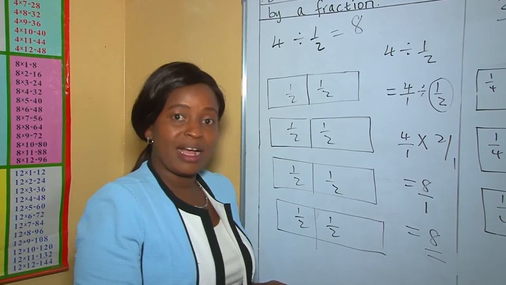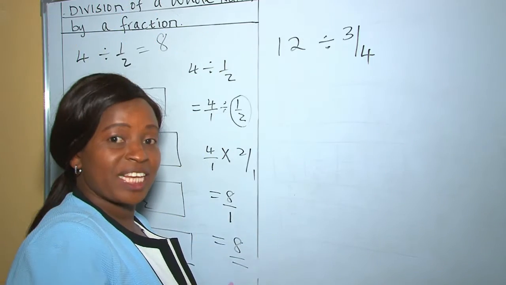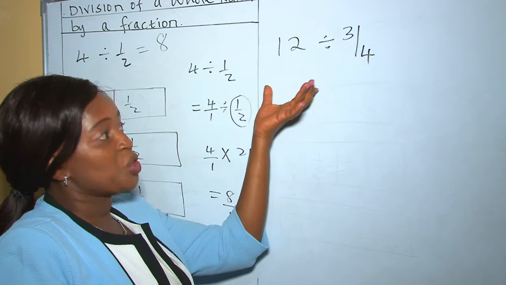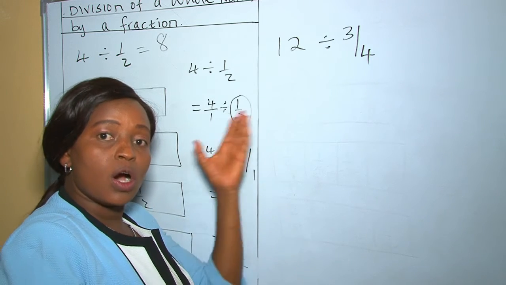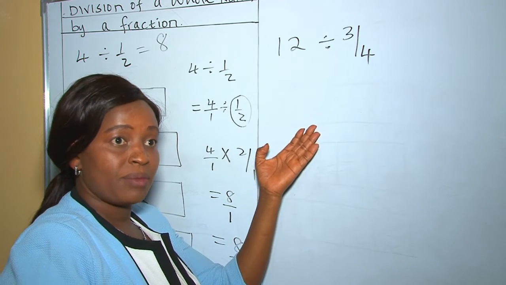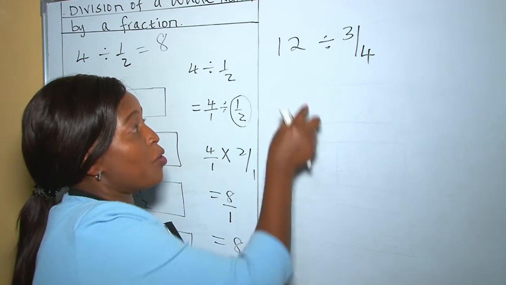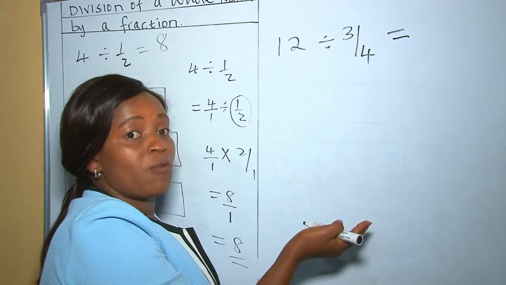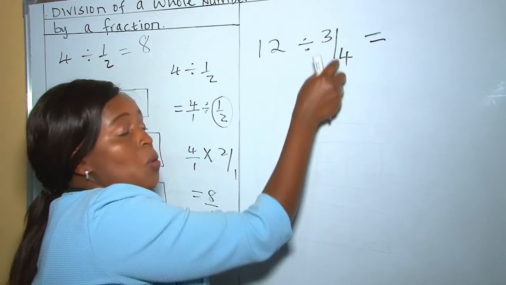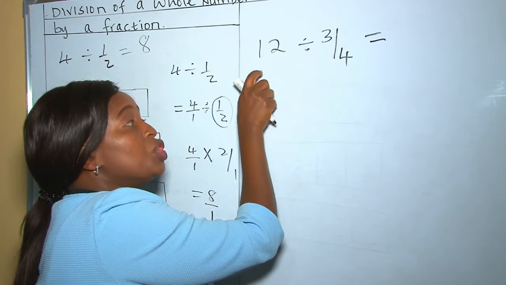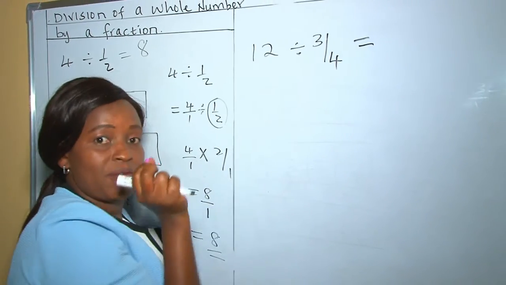Let's do our next example. In our fourth example, we can choose either to do it practically or use the mathematical formula. You are free. As we have seen, you still get the same answer. Therefore, we use the mathematical formula. 12 divided by 3/4. The first thing, you change the whole number into a fraction.